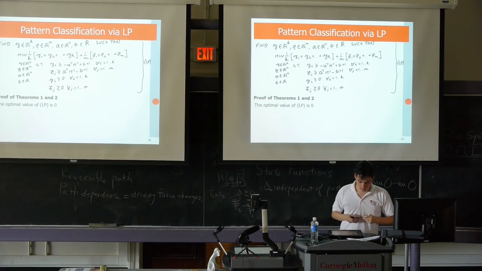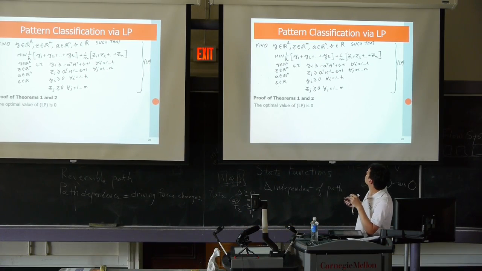Okay, this is here. And you can see that y and z are always non-negative. So this cost function can never be negative, right? What happens when this cost function is 0? It means that all the z_j and y_i are zeros.